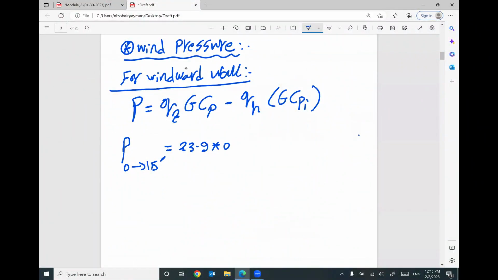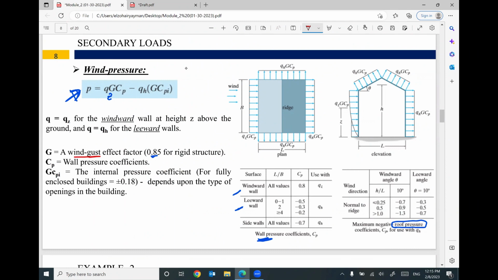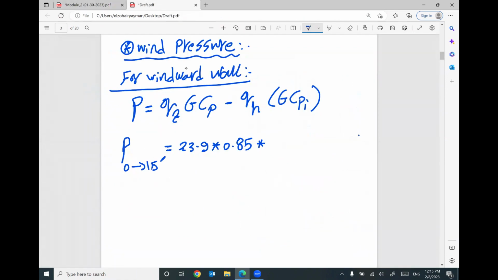So I'm gonna use 0.85. The value of CP for wall pressure, windward, equals 0.8. All the time, this value equals 0.8. So we'll put 0.8 minus QH.